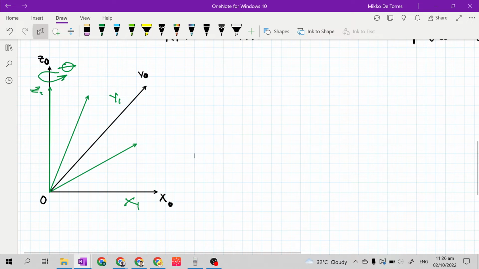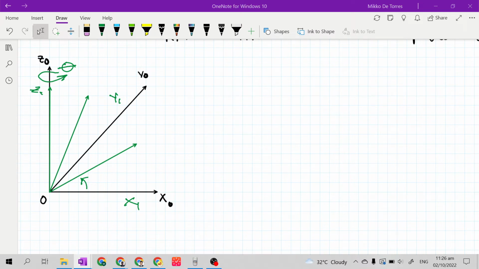Okay. So when the axis of x sub 1 and y sub 1 moves, it will also create an angle. So the angle created is the same angle that makes them move.